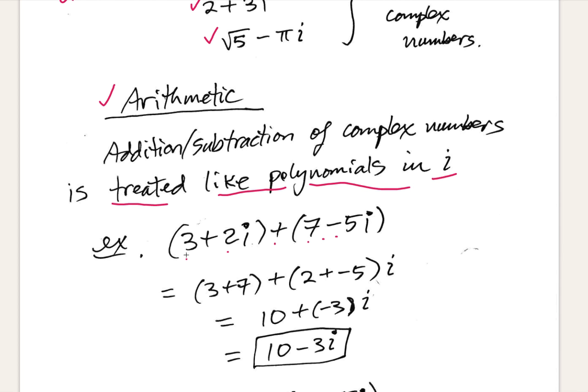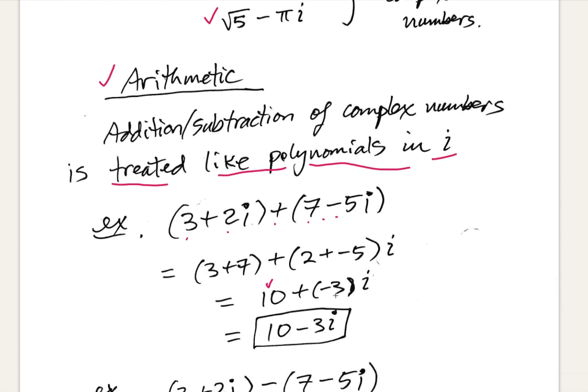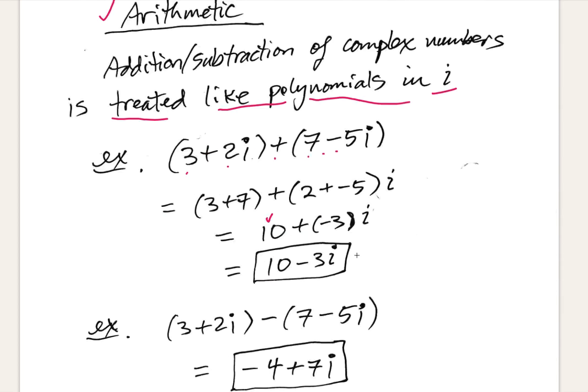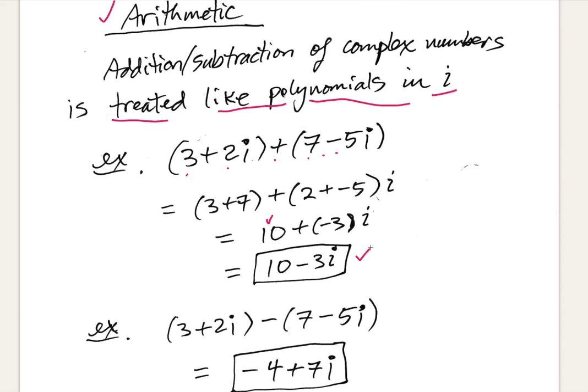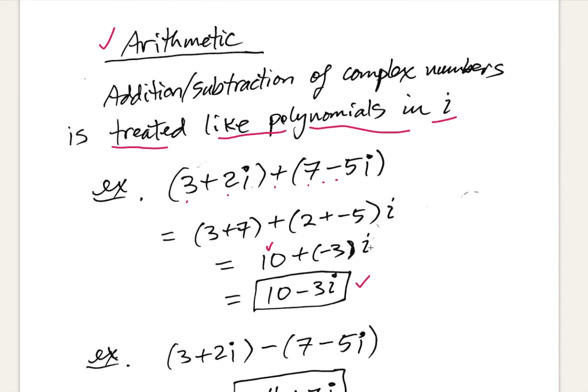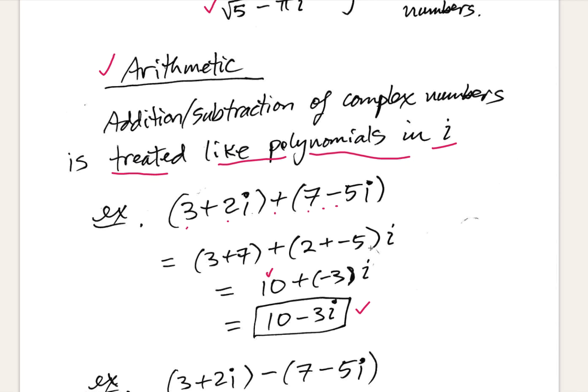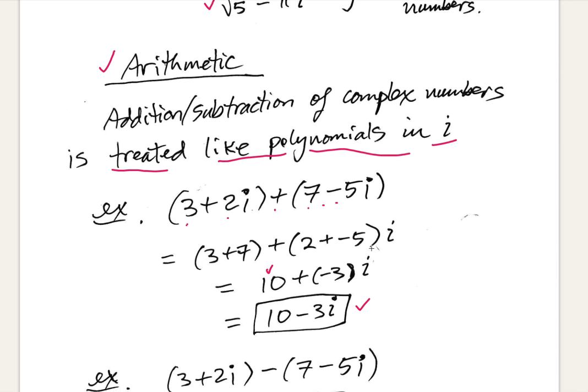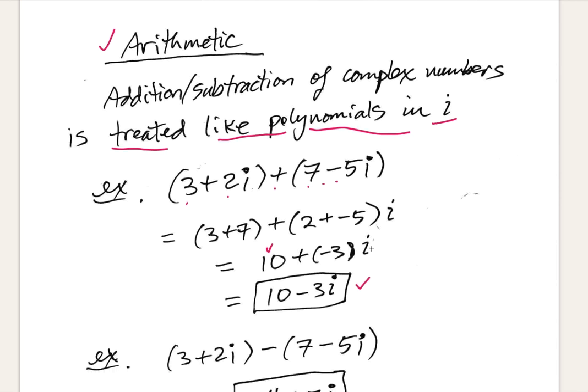When you add these, you just combine the like terms. 3 and 7 is 10. 2i plus negative 5i is negative 3i, better written as minus 3i. So our final answer in this case would be 10 minus 3i. Very simple. Basically, if you've seen one, you've seen them all.